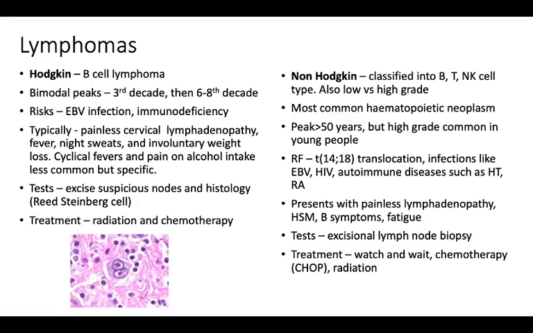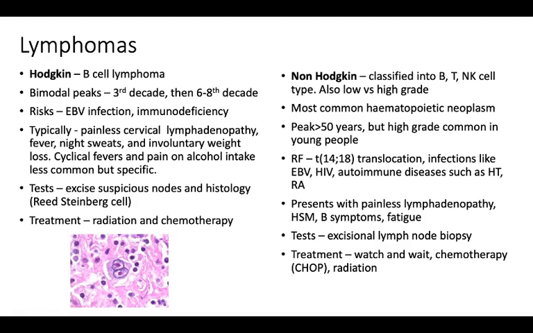Risk factors include the chromosome 14-18 translocation, also infections such as EBV, HIV, and autoimmune diseases such as Hashimoto's thyroiditis and rheumatoid arthritis. Patients again present with a painless lymphadenopathy, hepatosplenomegaly, B symptoms, fatigue, and so on.